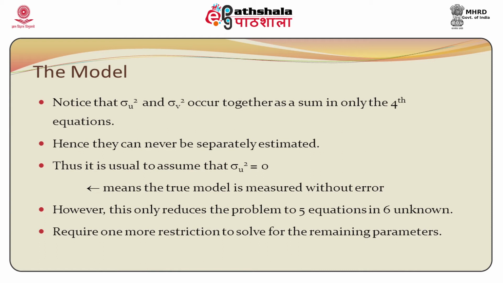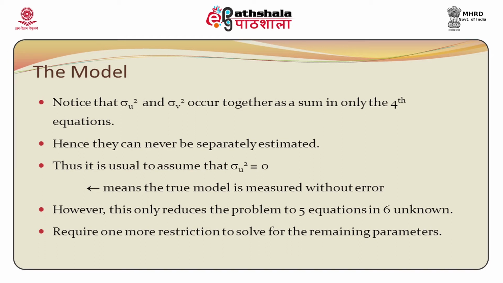Suppose we know syy, suppose we know beta 1, and suppose we know sigma x star square. Then syy minus beta 1 hat square sigma x star square will give us sigma u square plus sigma v square, and we will be unable to separate these two. So, we cannot estimate these two separately.